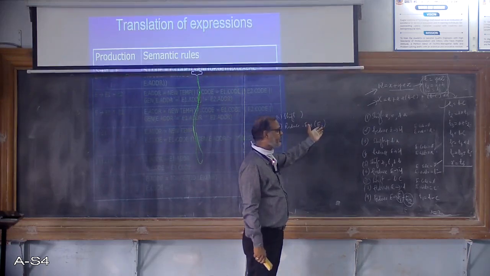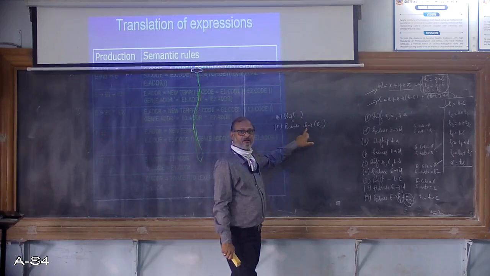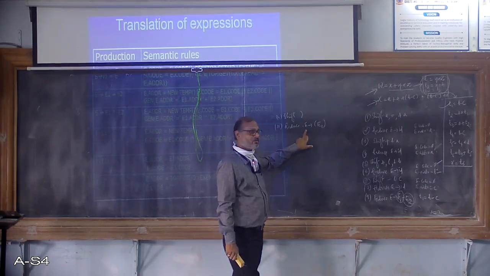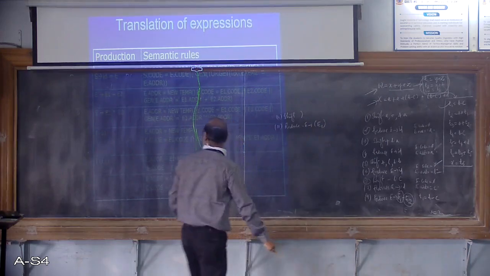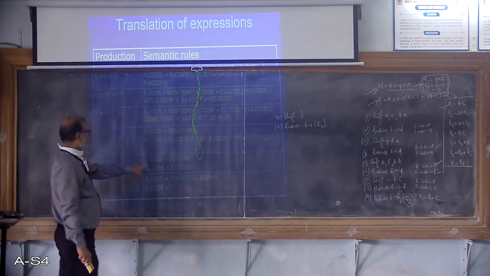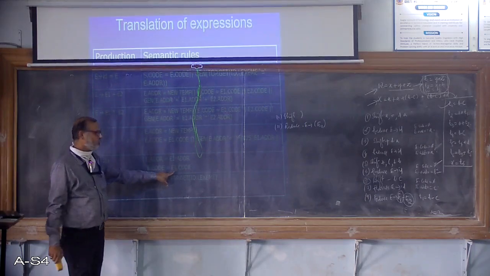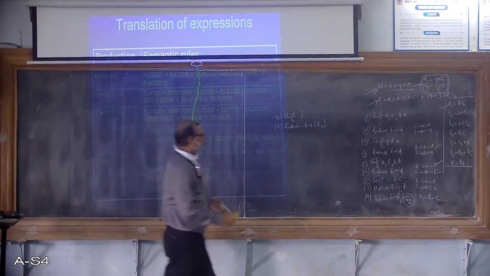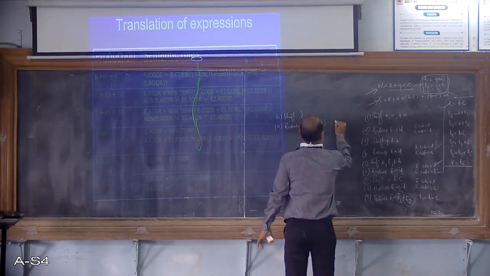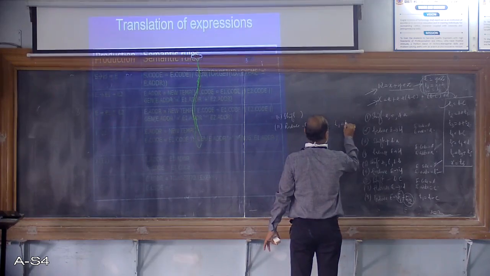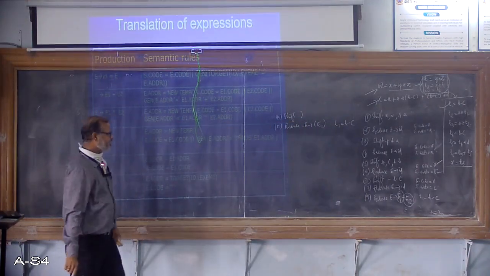Since there is no operation, the semantic actions to evaluate the attributes are E.code equal to E1.code and E.address equal to E1.address. So what is the expression here? I have E.code as B minus C only. Understood?